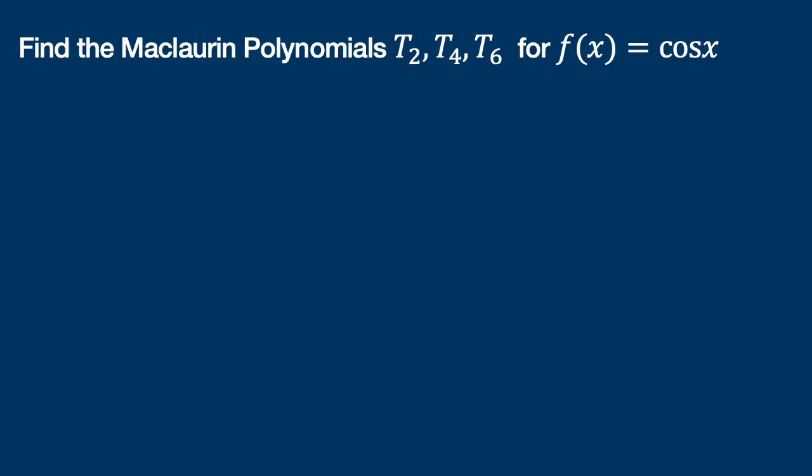This time we're going to find the Maclaurin polynomials T2, T4, T6 for cosine x. We don't have to use the definition of the Maclaurin polynomial this time, because we know the Maclaurin series for cosine.